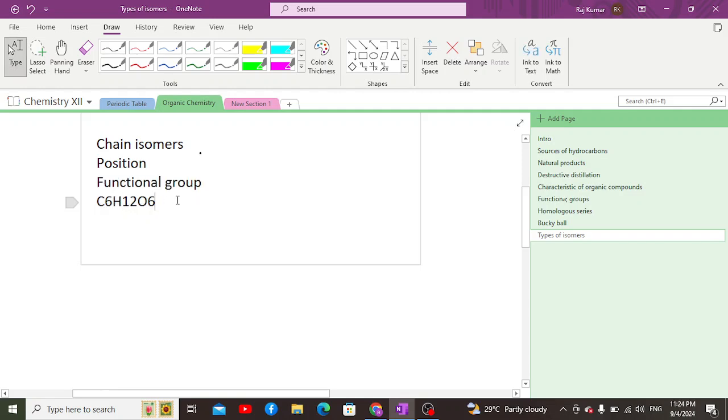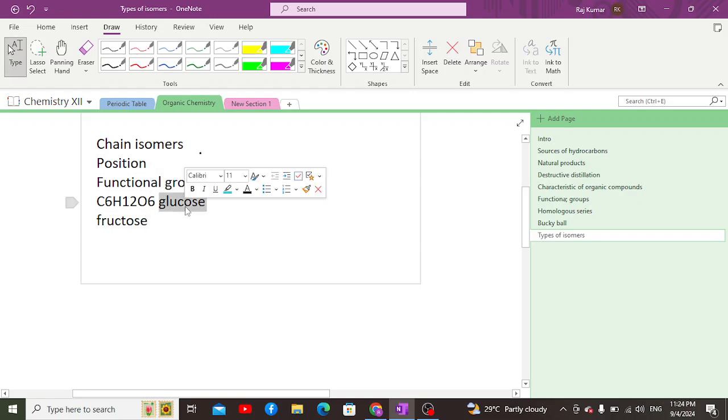Now this sugar can be an aldose sugar, glucose, and it can be fructose as well, based on the functional group it possesses. Glucose has an aldehyde functional group, and fructose has a ketonic functional group, so both sugars have the same molecular formula but differ in their functional group.